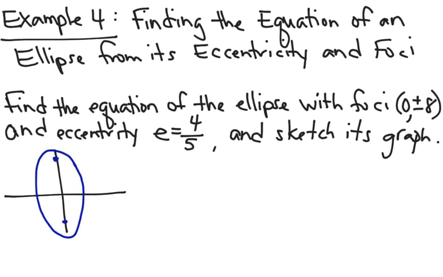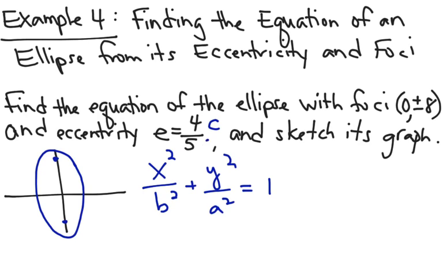Okay, so in order to write the equation, which in this case is going to be x squared over b squared plus y squared over a squared equals 1. Remember, we said that the eccentricity is c over a. So if a is 5, then a squared is 25. So now I can get rid of that and replace it with 25.